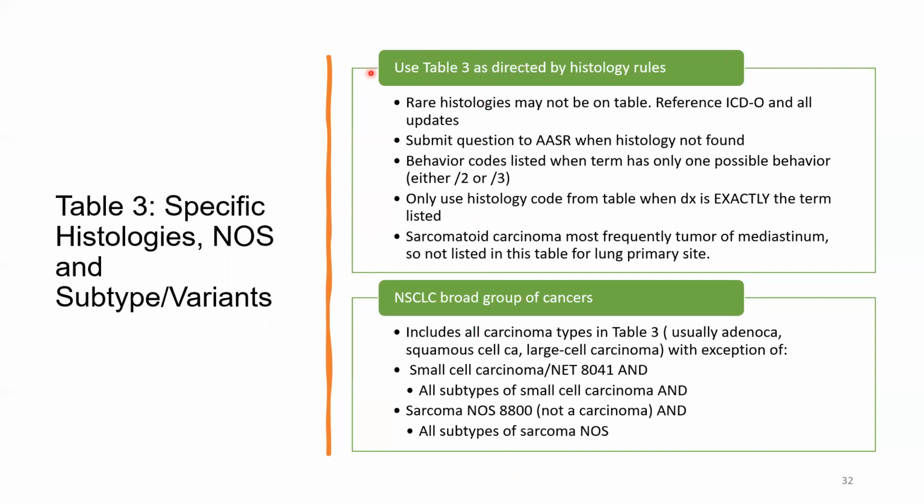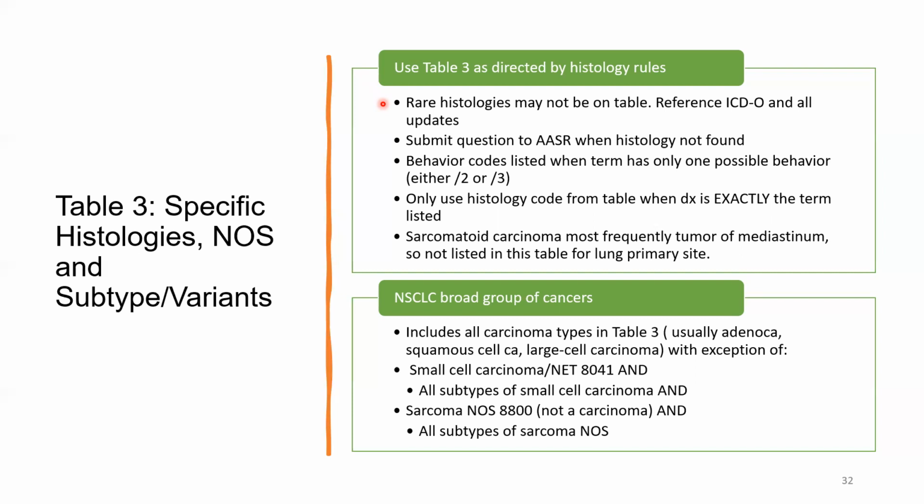So to use table 3 as directed by the histology rules. Rare histologies may not be on the table. They are updating these as they can, but there are still some rare histologies that don't have codes yet. Send in an Ask a SEER Registrar question if you're not finding your histology and it is a rare one.